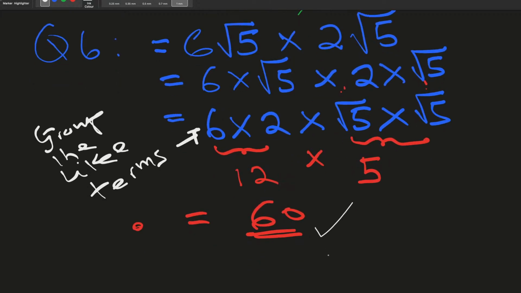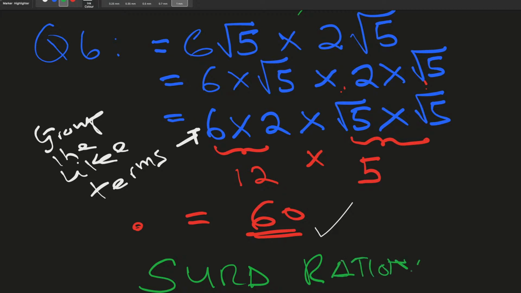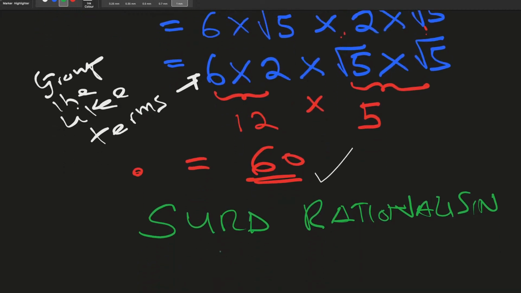Now, what we are going to look at today is called surd rationalizing. Okay, so our next topic is surd rationalizing, which involves rationalizing the denominator.